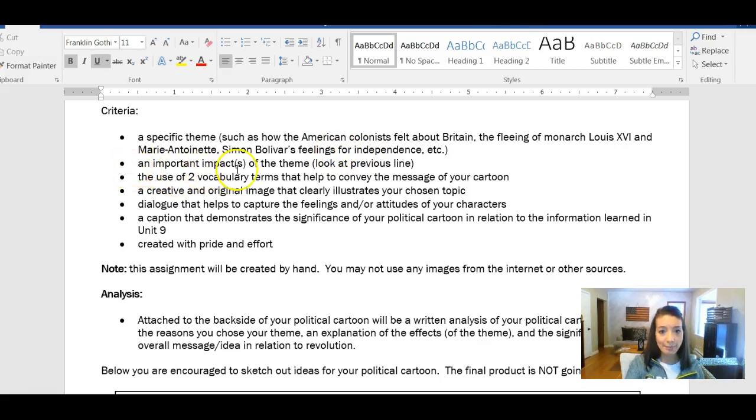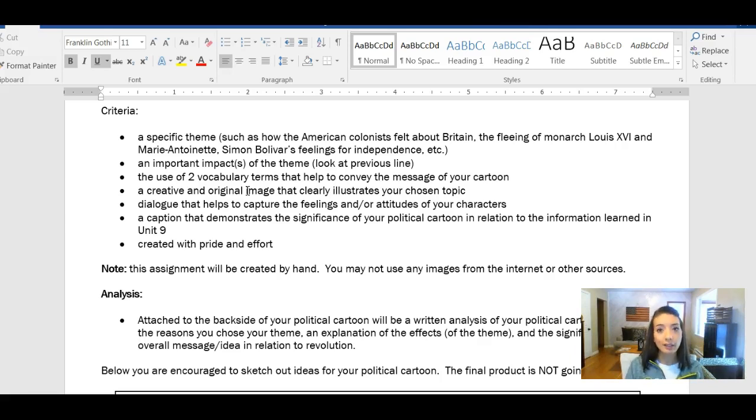So an important impact of the theme has to come across in either your writing and/or what you draw in the cartoon. When I look at it, I have to be able to understand the impact on history with this theme, okay? So you're going to use two vocabulary terms in the cartoon, and this is going to help convey the message of the cartoon.